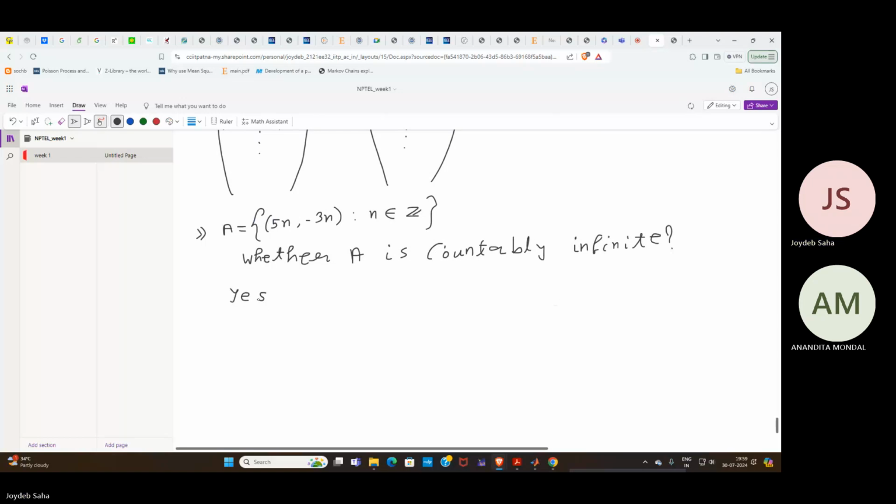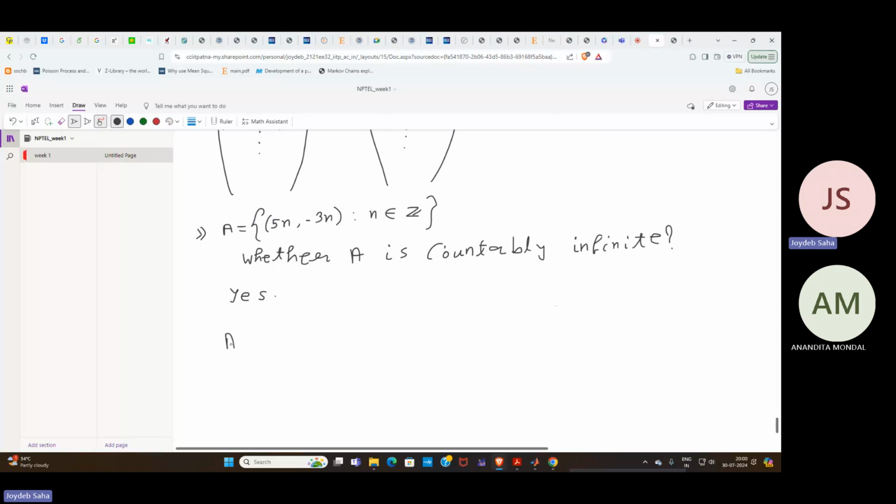How? Look, A is the relation (5n, minus 3n), and n belongs to Z, which can be positive or negative.